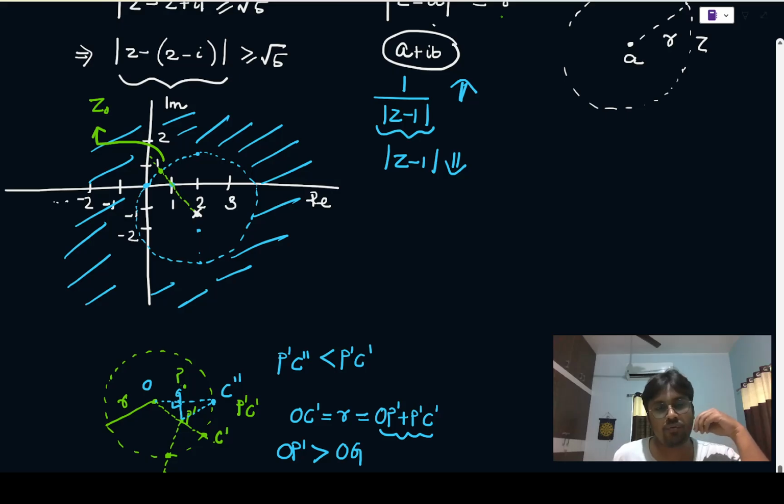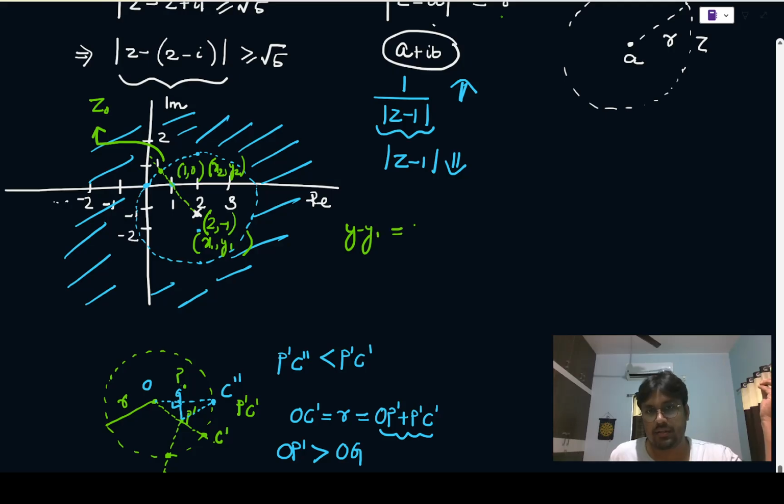And what's more, we can actually find the equation of this particular line, because this particular point is 2 comma minus 1 and this point is 1 comma 0. So if I use line equation, let's call this x1 y1, and let me call this x2 and y2. So y minus y1 is m times x minus x1.